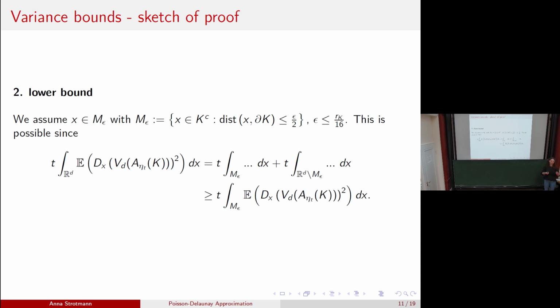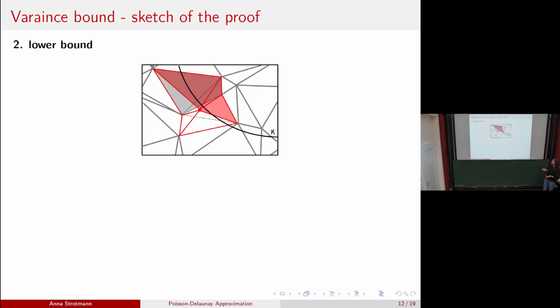Okay, now we have restricted the area where the point x can be located, but we still don't know if the volume of the approximation increases or decreases. And it can even happen, as you can see in the next picture, that the additional point x decreases the volume of the approximation and increases the volume at the same time.